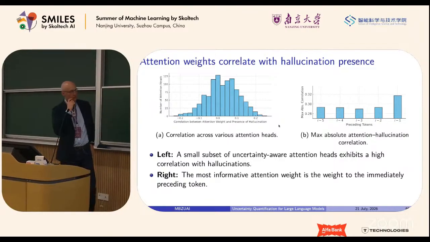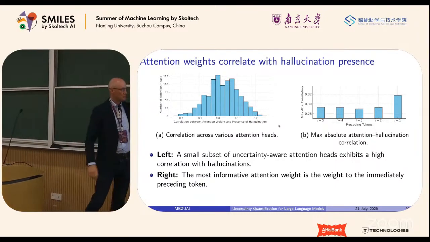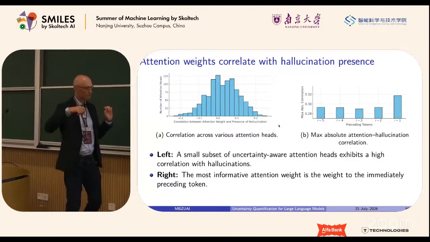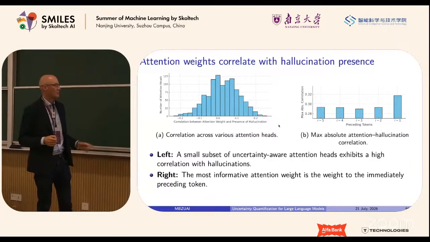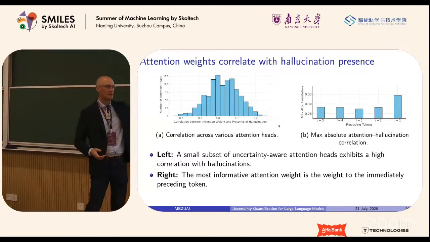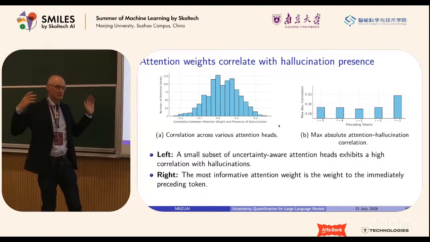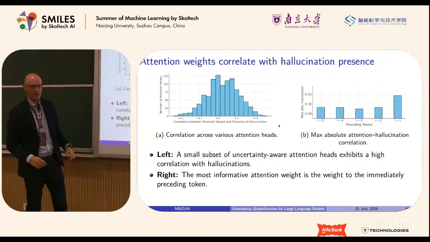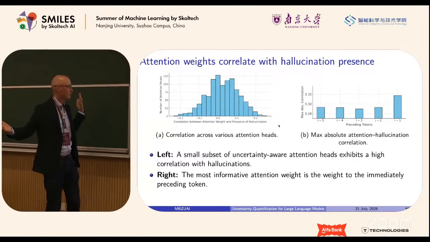In one work, we analyzed the attention weights of a language model. We specifically looked at attention weights from our currently generated token to the previous ones, and we looked into some correlations. We realized that usually there's no correlation between attention weight and presence of hallucination. The majority of the attention heads in our language model completely ignore the presence of hallucination.